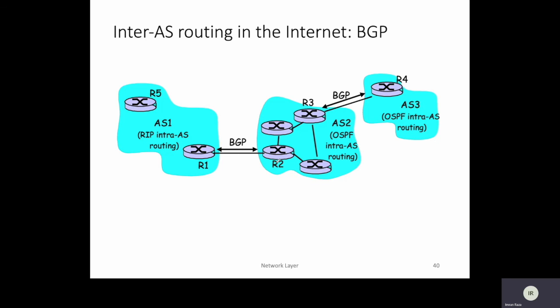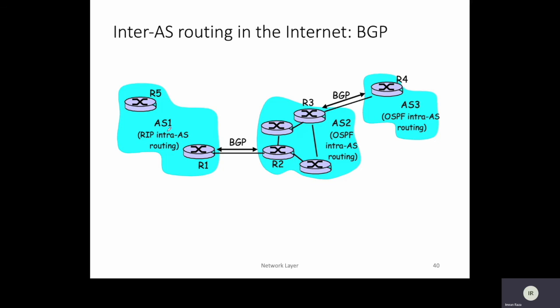And then we can propagate the reachability information to all the routers internal to an autonomous system. So for example, using this reachability information, autonomous system 2 can inform all of these routers the reachability information about autonomous system 1, right? And it's the job of BGP to determine a good route to subnets based on the reachability information, and also, as we'll discuss in a minute, the autonomous system policy, which is very important to cover.